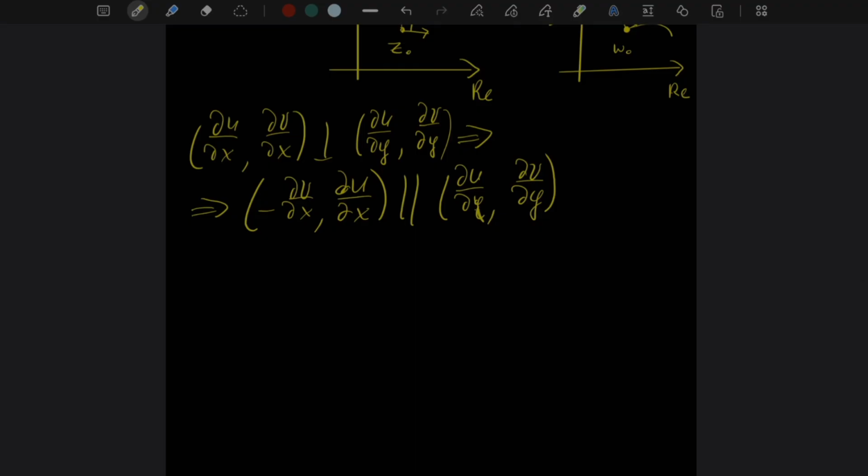Now, let us look at whether they are parallel or inversely directed. Since they are parallel, we can look at their dot product, so let's do that.